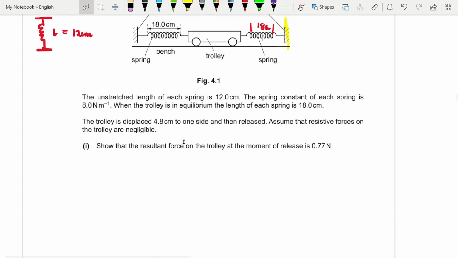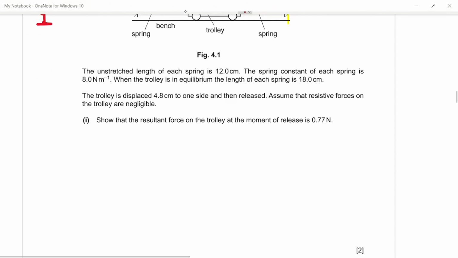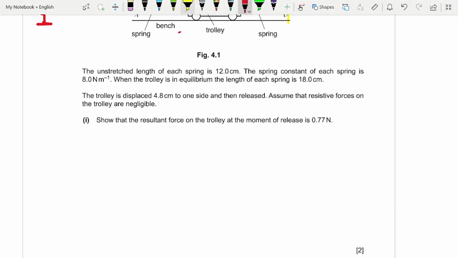Show that the resultant force on the trolley at the moment of release is 0.77, but there are conditions, guys. The trolley has been displaced 4.8 centimeters to one side and then released. That is very important because it's going to have several implications.